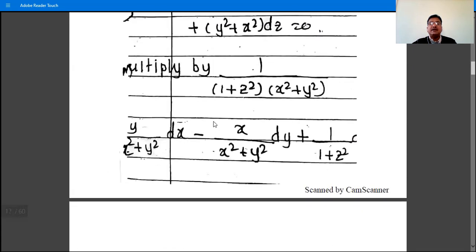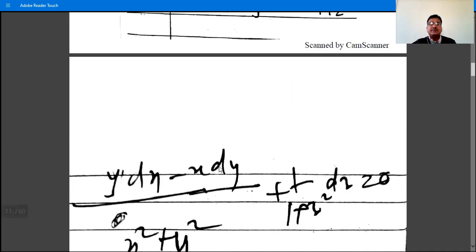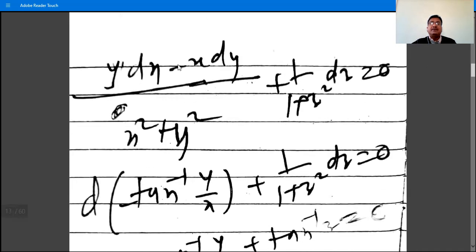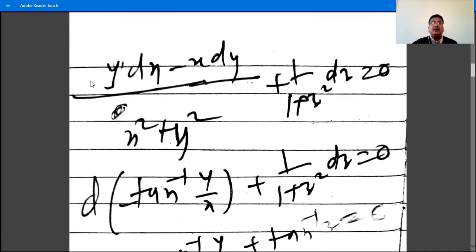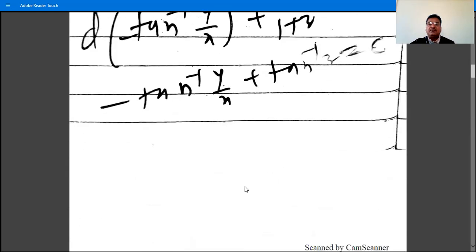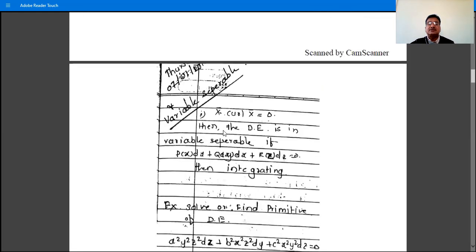If there were a plus sign in y dx − x dy, the derivative of x² + y² would be 2x dx + 2y dy. But there is a minus sign. So in order to find the integration of such factors, we use these tricks.